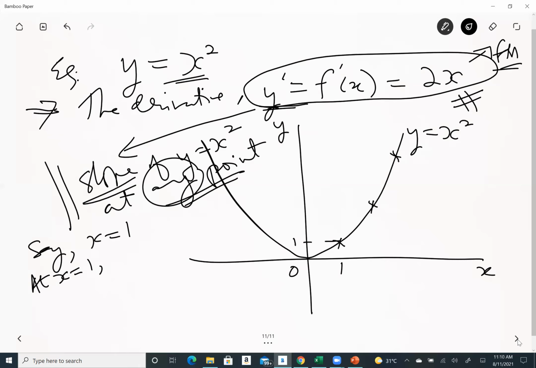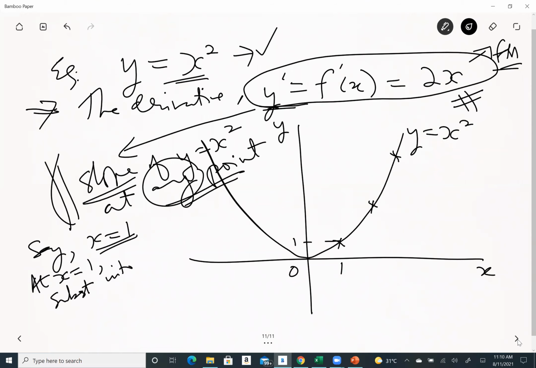Now at x equal to 1, you already know y equal to 1. But I don't want y equal to 1. I want the derivative. I want the slope at x equal to 1. So how do I do that? I use the derivative.